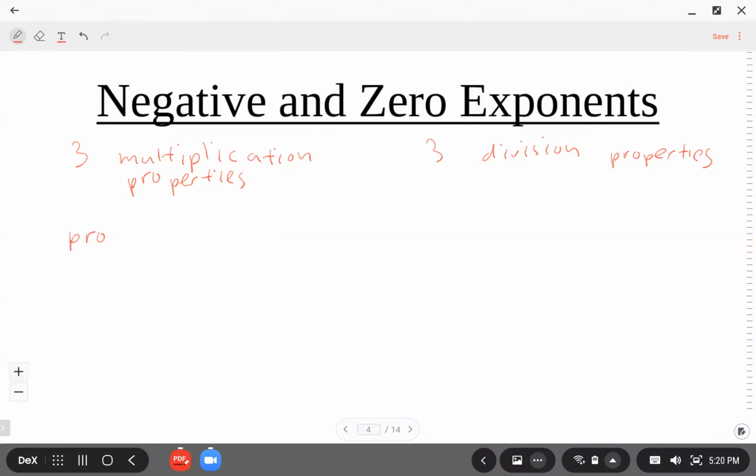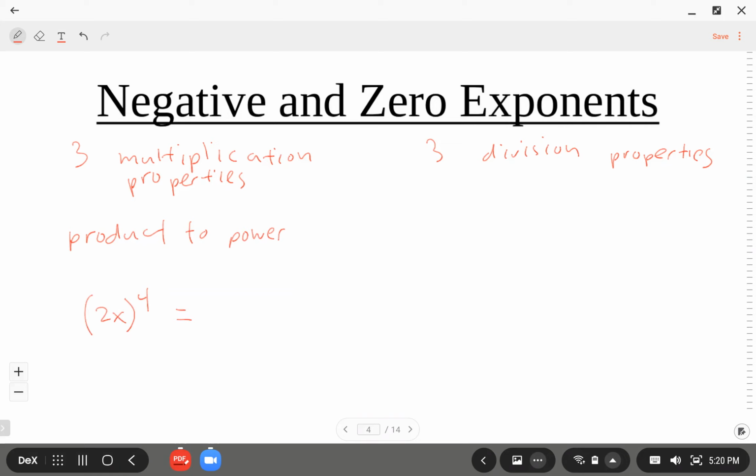So, let me go on to our next multiplication property, and this is going to be our last one. Product to a power. This is like 2x to the 4th. So first, in parentheses, you multiply 2 and x, and then you take that to the 4th power.